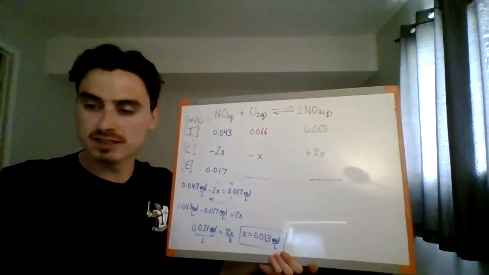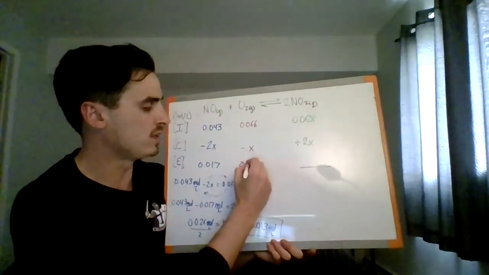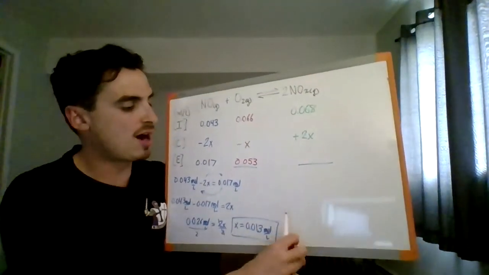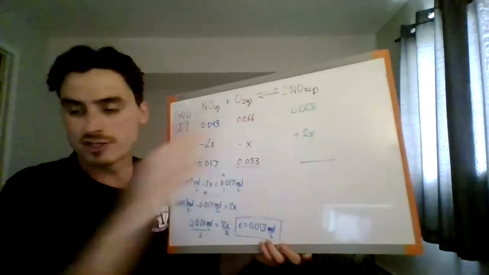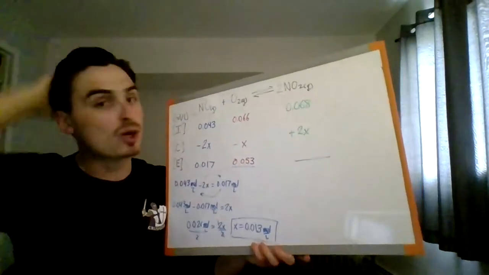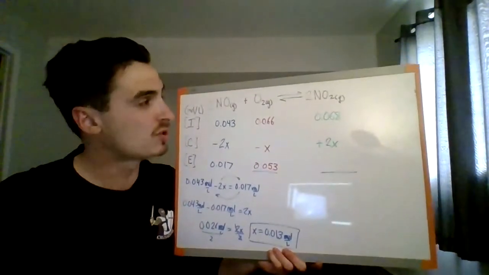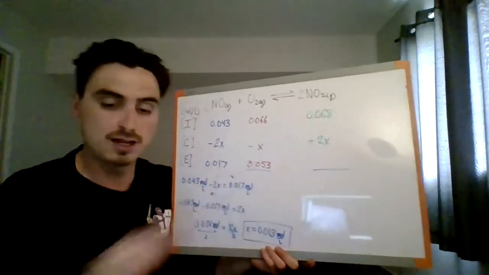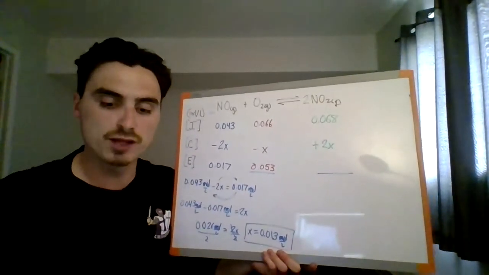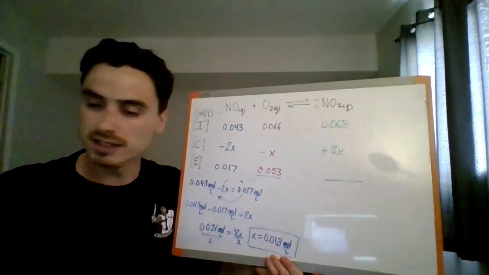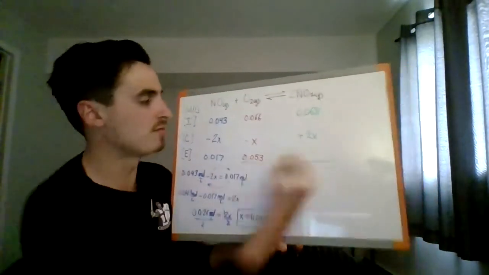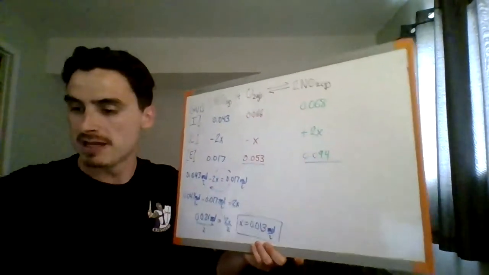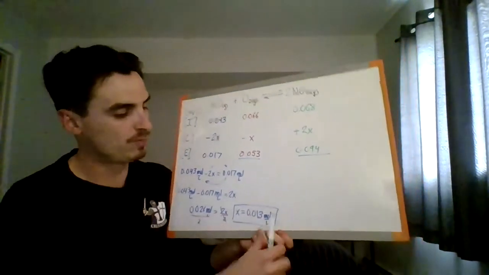That's going to give me 0.053 moles per liter. If I go onto the other side, nitrogen dioxide, which is going up, I'm going to do 0.068 plus 2 times 0.013, which will give me 0.094 moles per liter. Okay, so we've done our ICE table.